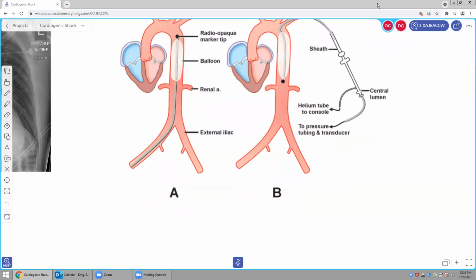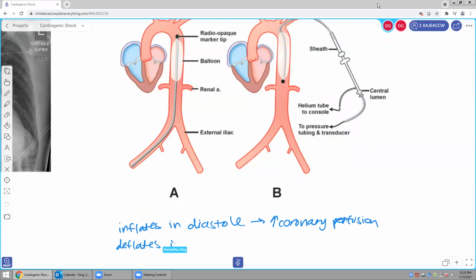Great. So this mainly increases coronary perfusion. And then when it deflates in systole, you create essentially a vacuum, which decreases afterload.